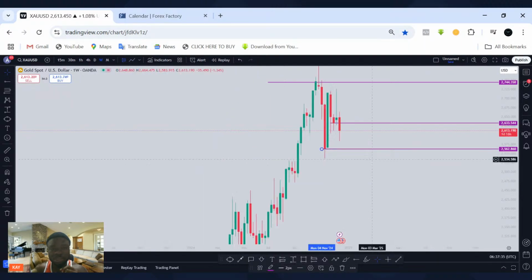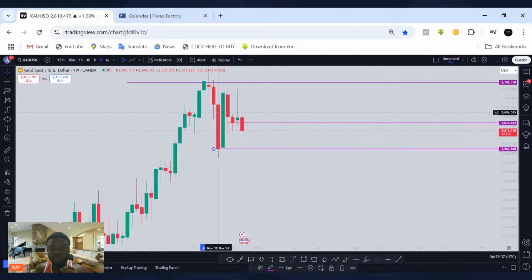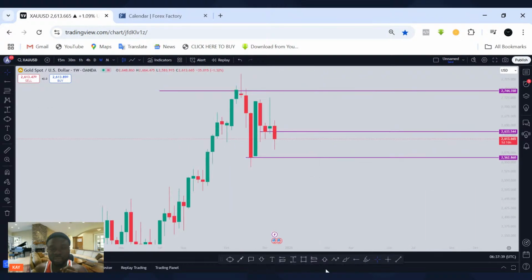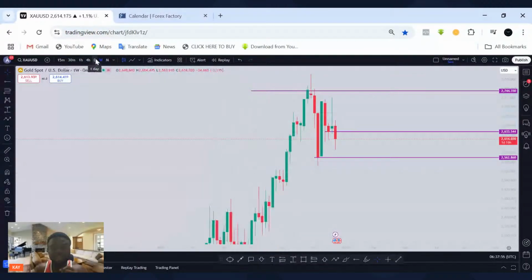So what's the trend for the weekly time frame? From the look of things, it is a downtrend. Price broke out from this zone and made a retest, so the weekly time frame is a downtrend.